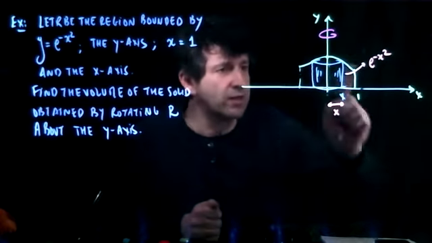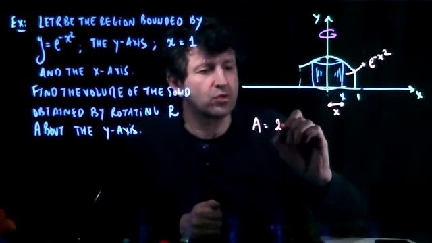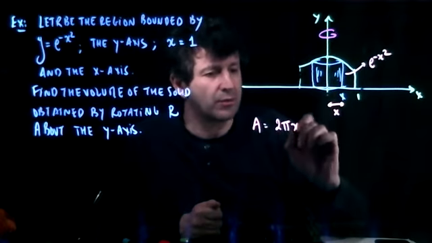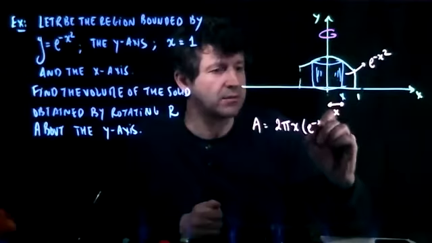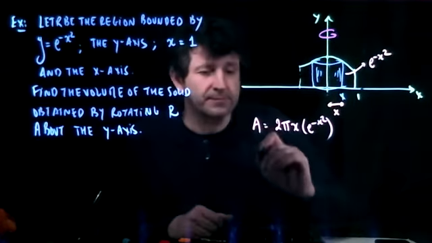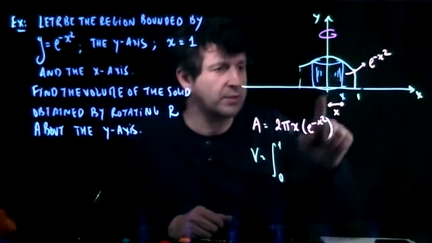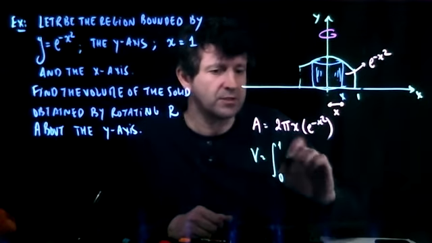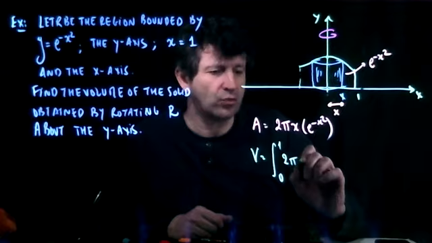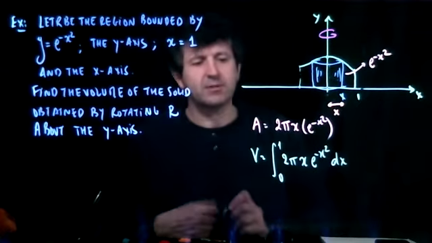So the lateral area of this cylinder is 2 pi radius height. And so the volume will be the integral from 0 until 1 of this lateral area, 2 pi x e to the negative x squared dx.